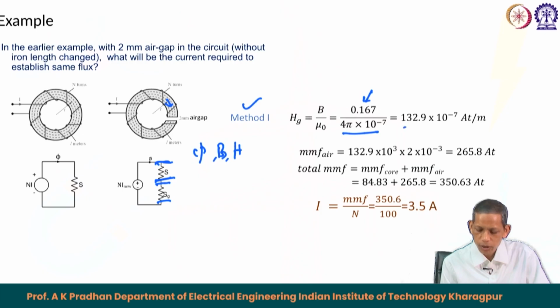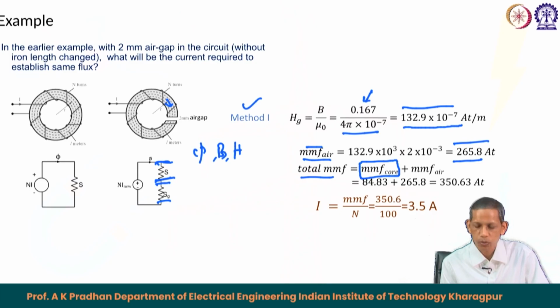So, this gives the corresponding H g equals 132.9 into 10 to the 7 ampere turn per meter. MMF for this is H g into L g, and the multiplication gives 265.8 ampere turn. So, the total MMF required is the MMF by the core, that we have already calculated in the earlier example, plus this.